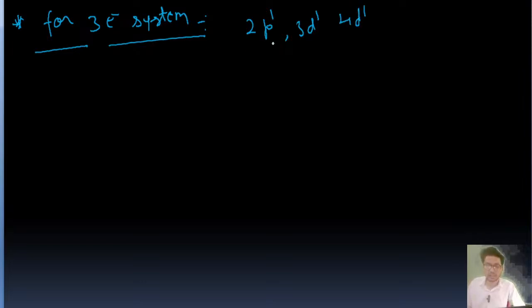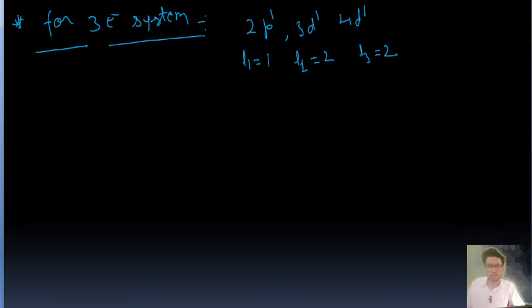So we have 3 electrons. For this we have to do LL coupling, right? So here L1 value is 1, L2 value is 2 and L3 value is also 2, for D it's 2. And S1 is half, S2 is half. We don't need the spins because we are doing LL coupling.